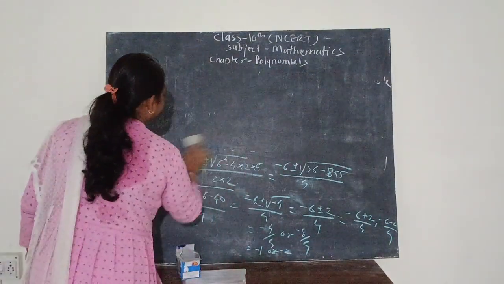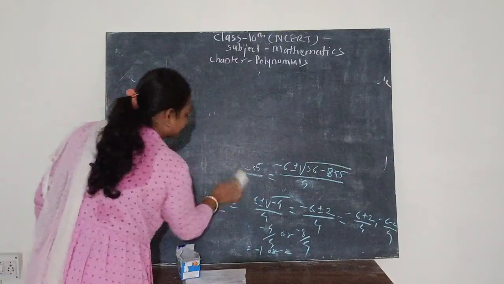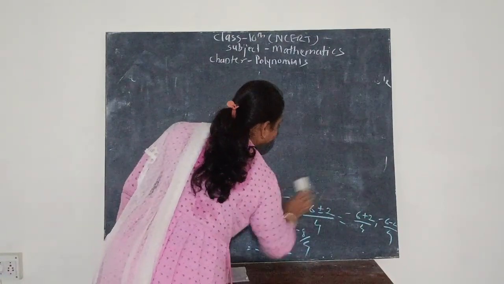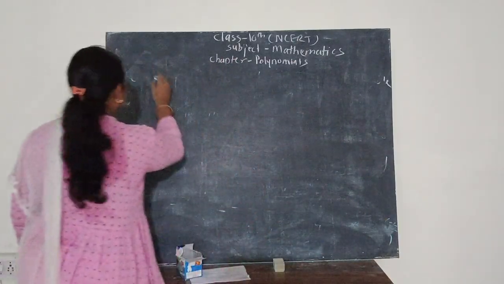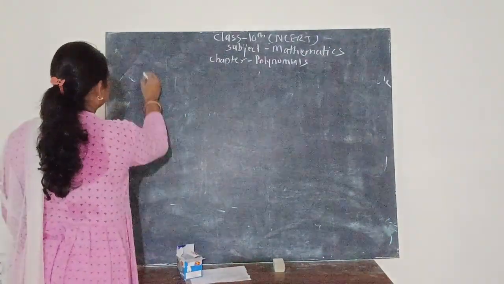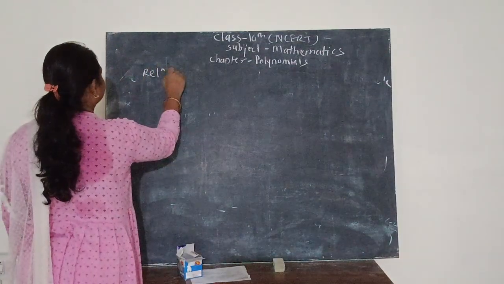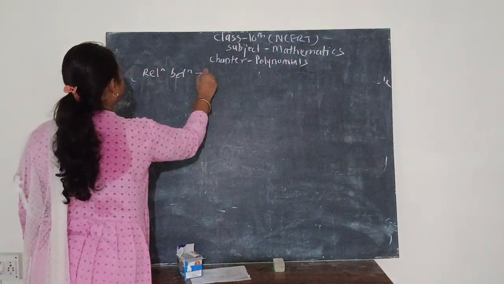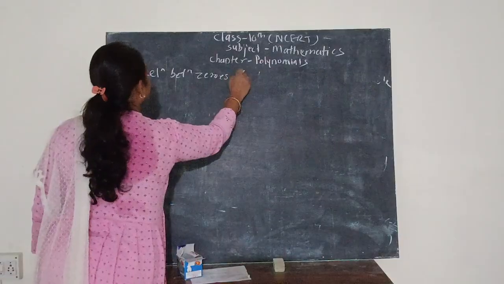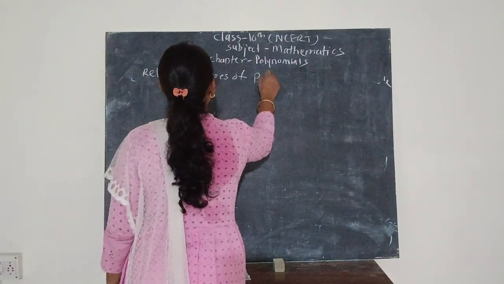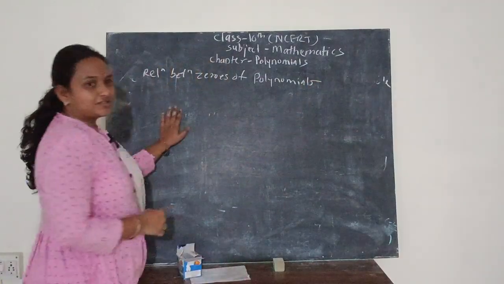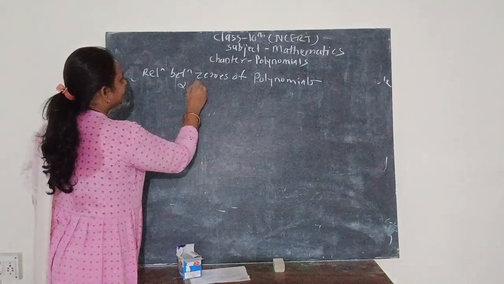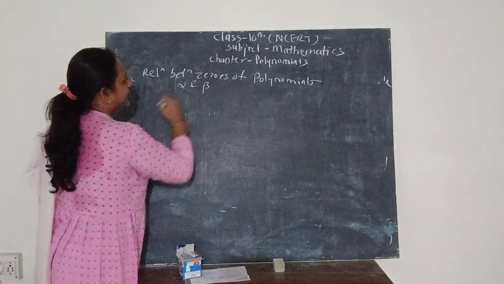The next topic we see is the relation between the zeros of a polynomial. Dear students, zeros are denoted by alpha and beta.